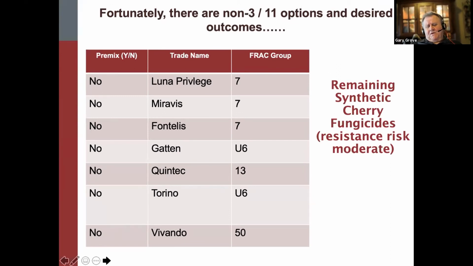If you still want to use Luna or the fluopyram, the active group 7 ingredient, if it's available, you can use Luna Privlege. A new group 7, and again, Privlege, Miravis and Fontelis are all standalone compounds. A new one is Miravis. It's a group 7, and keep in mind that you have to manage resistance to these.